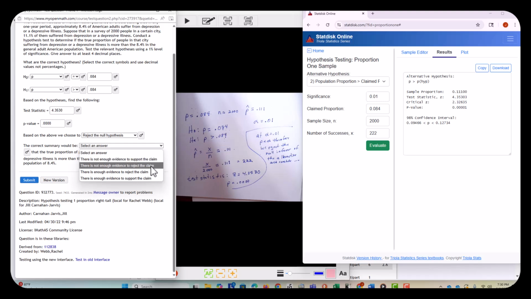There is enough evidence to support the claim that it is more than 8.4%, by far.